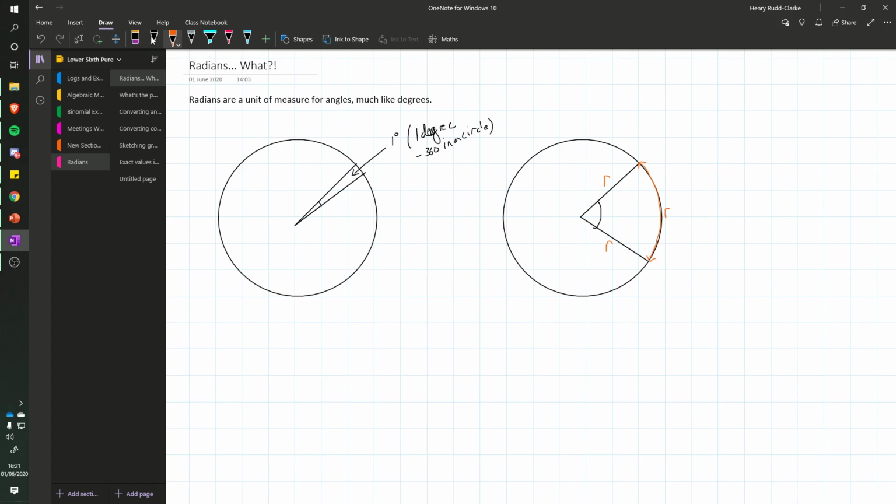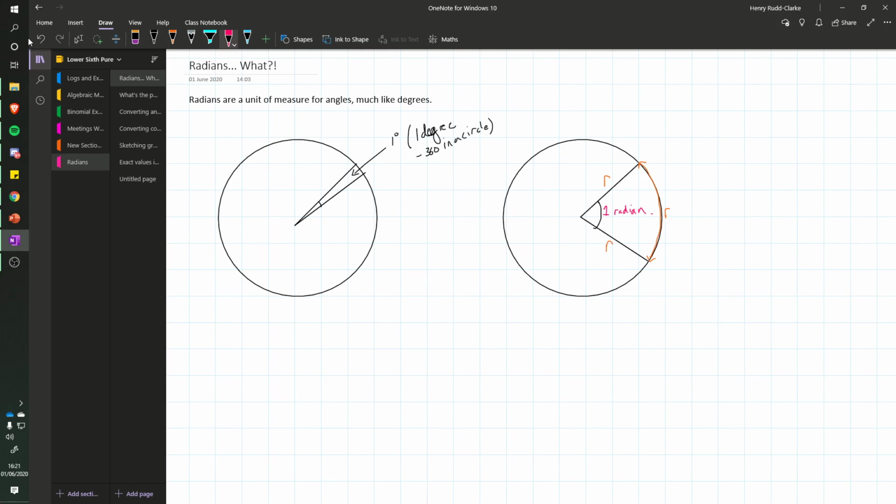And this is how we define 1 radian. So in this wedge, where the arc length is the same as the radius of the circle, we have 1 radian. Like that.